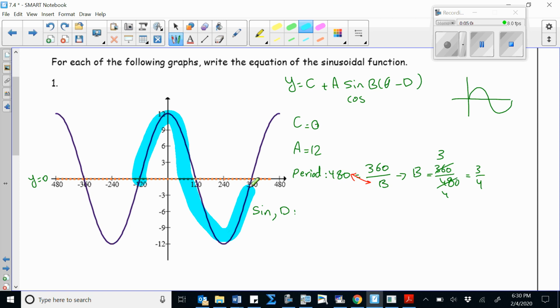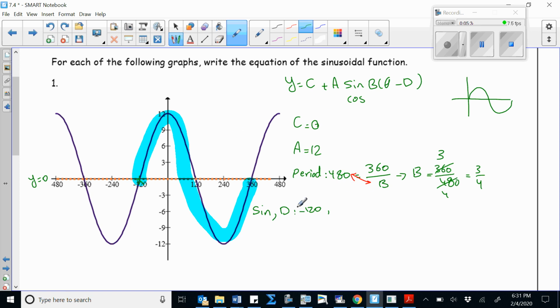This is similar to the parent function. It's the middle, high, middle, low, and middle. So I can take this as my graph and then just find the horizontal shift of this graph, which is here at negative 120. So d is negative 120 here. This is a sine function which has been moved left by 120.